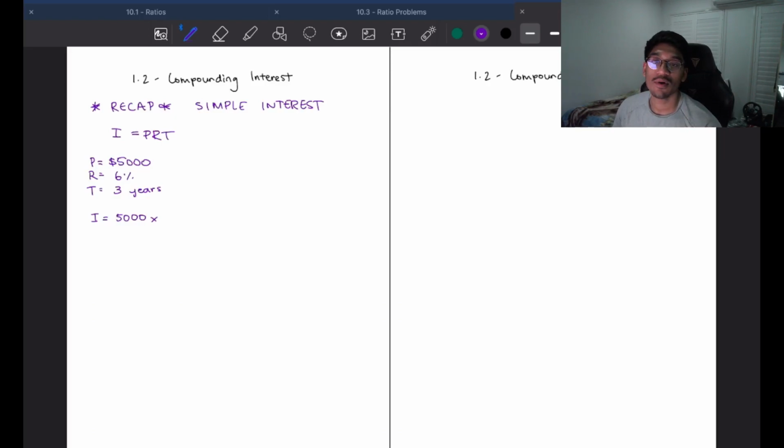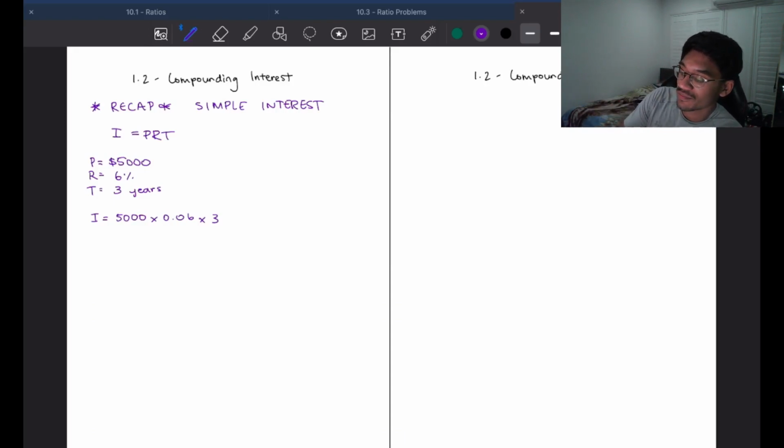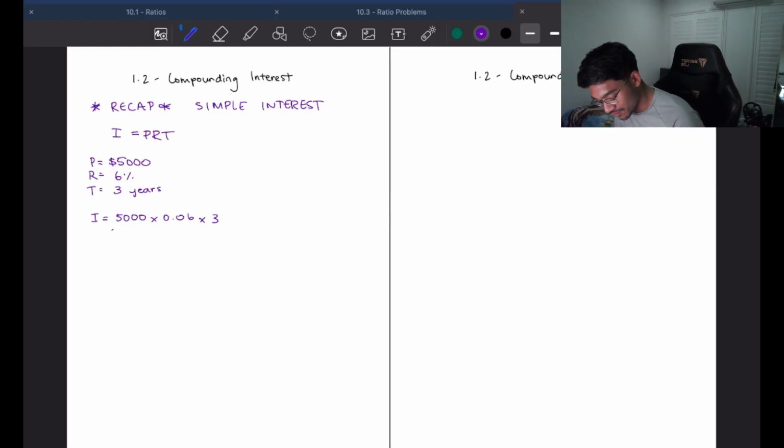So 6 divided by 100 is 0.06. And then that gets times by the years. So I get 5,000 times 0.06 times 3, and if I pop that in my calculator, I'll get an answer of $900.